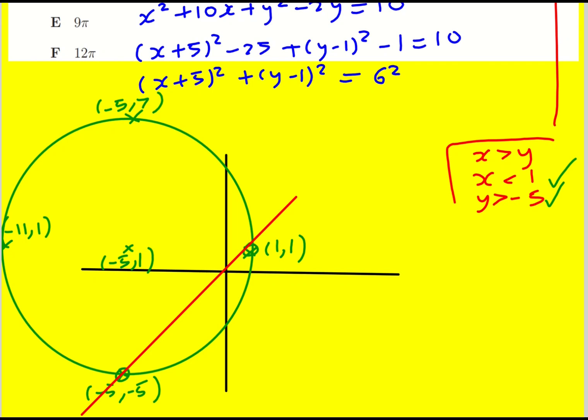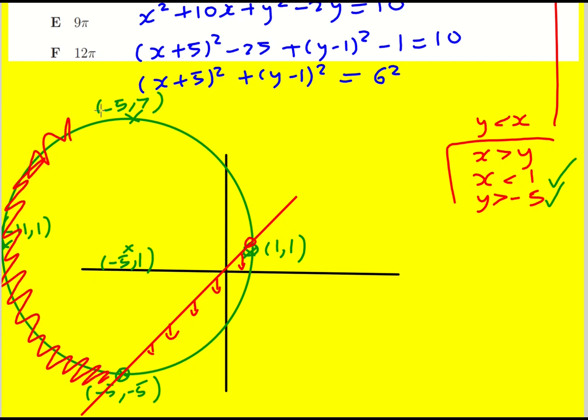I prefer to write it as y less than x, which means we have to have the points that are below the line. And we've already ruled out points like these, I did an open circle. None of these points are valid, so I'm going to get rid of them. And that original log equation is equivalent to this part of the circle.